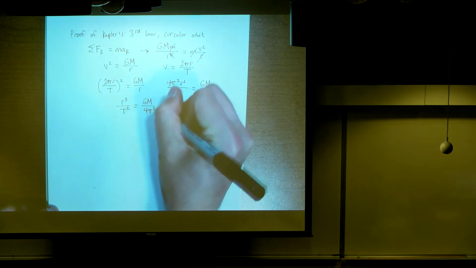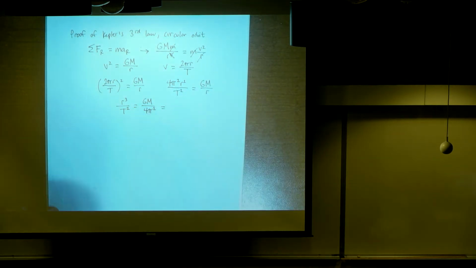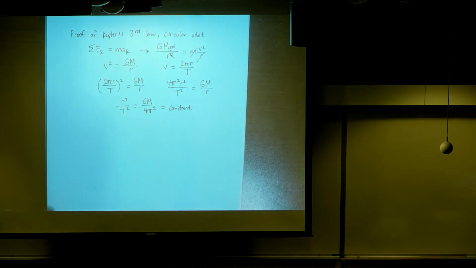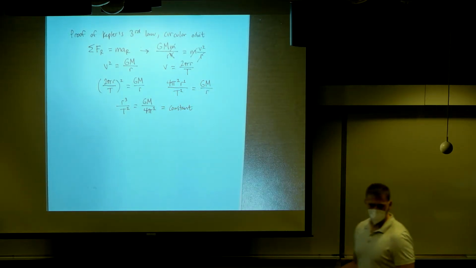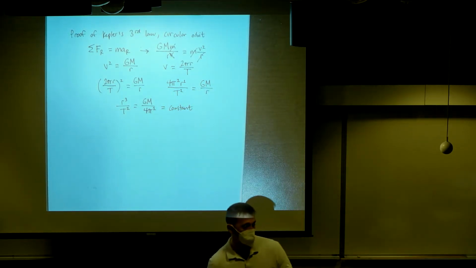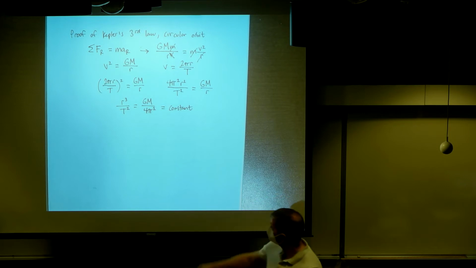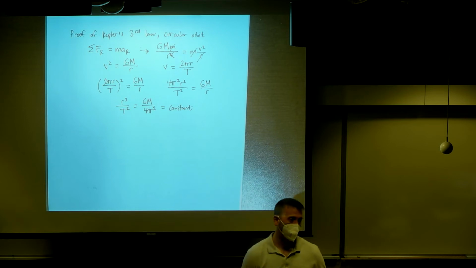And what you should notice about this right here is it's just a bunch of constants. 4 pi, those are constants. Big G is a constant. And big M, as long as we're talking about planets orbiting the sun, the sun's mass is just constant. Of course, if we're talking about planets orbiting a different star, it would be a different constant.